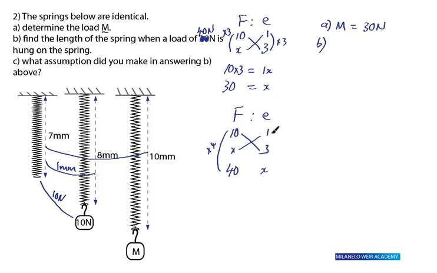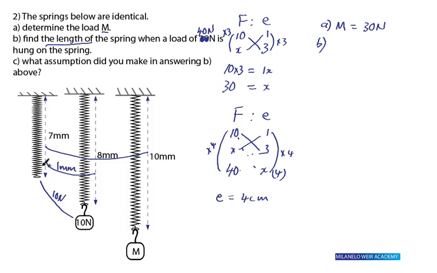So we are going to do the same thing here. We are going to multiply by 4. You can cross multiply if you like, still the same thing. It's 4 centimeters, so E is equal to 4 centimeters. But the question asks us to find the length, the new length, because the 4 is not the original length. The original length is 7 millimeters.